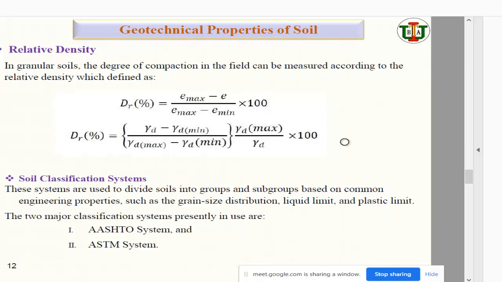So indirectly, that answer can be right: the capacity of the soil also depends on the relative density, because while it is going for settlement, we do not allow settlement more than that. So in that case, we will not allow more load.